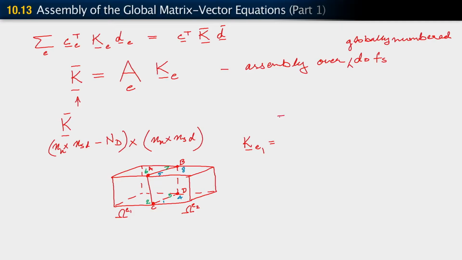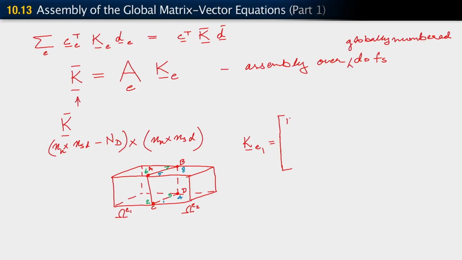KE1 would be a matrix where I'm not going to write out all the components because I'm just going to write the blocks.